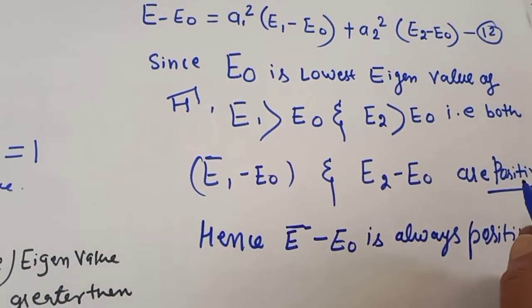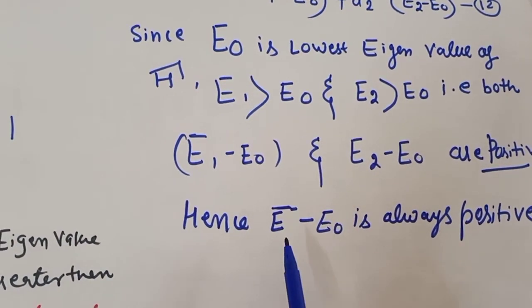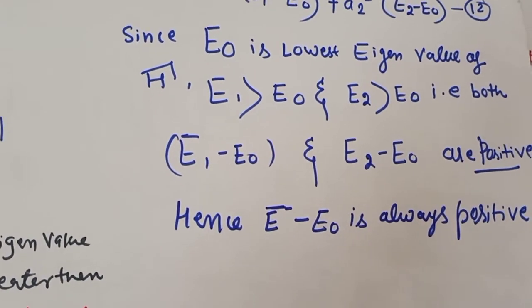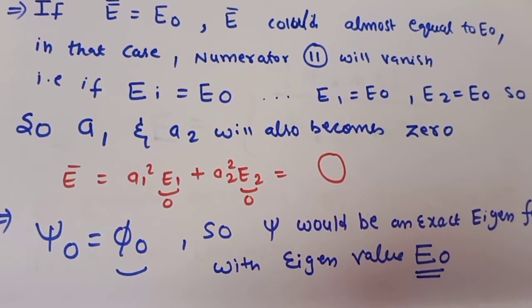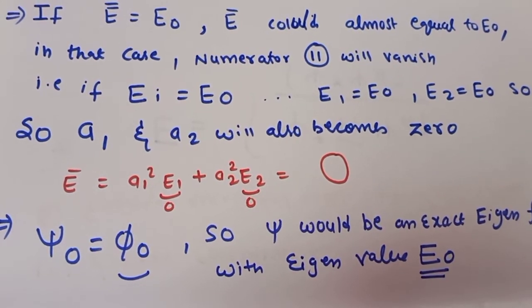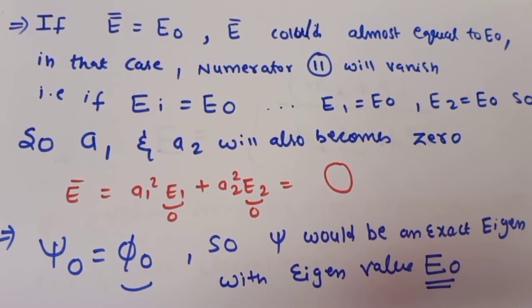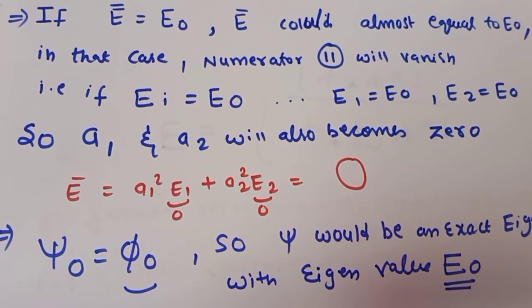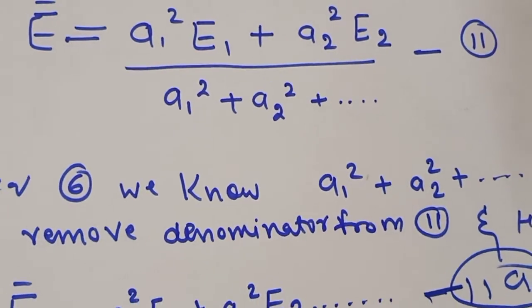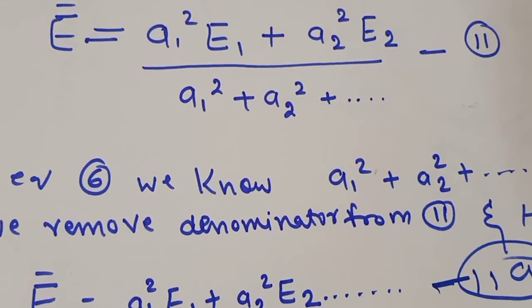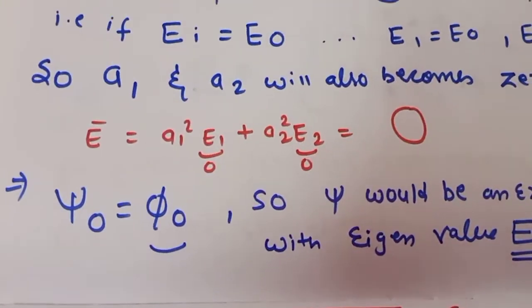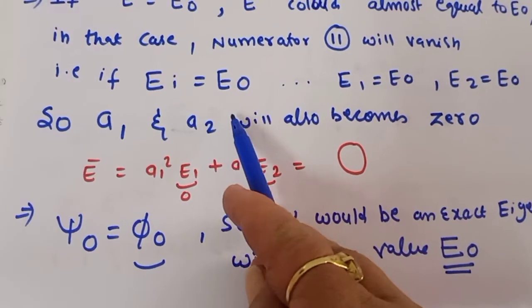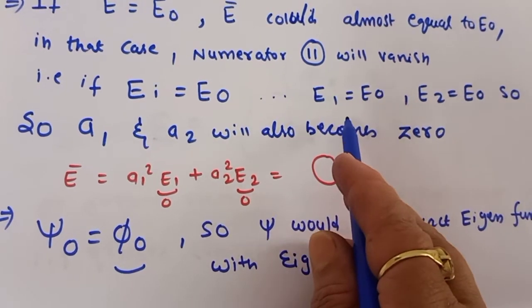Both are positive, hence the value of E bar minus E0 is always positive. Now say that E bar is equal to E0. In that case the numerator of the 11th equation can vanish, meaning this term will vanish. If E bar is equal to E0, the first term vanishes, and so E1 is equal to E0.